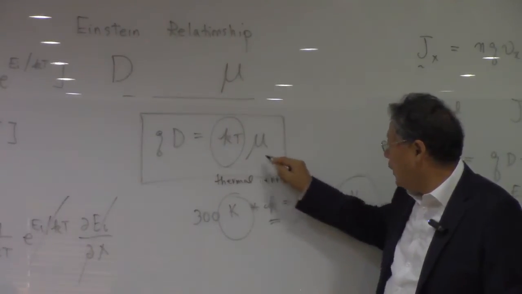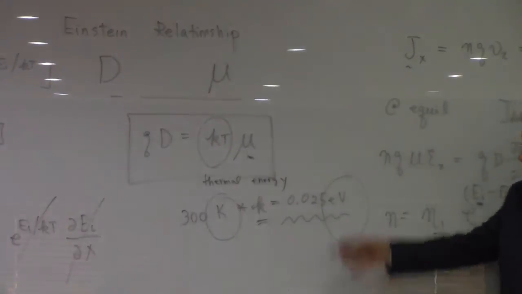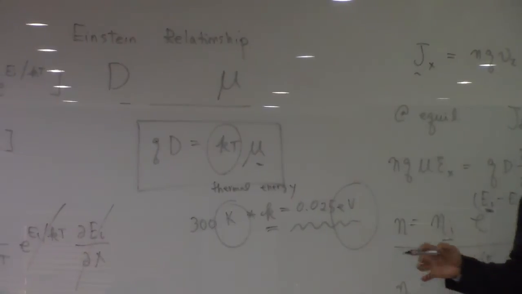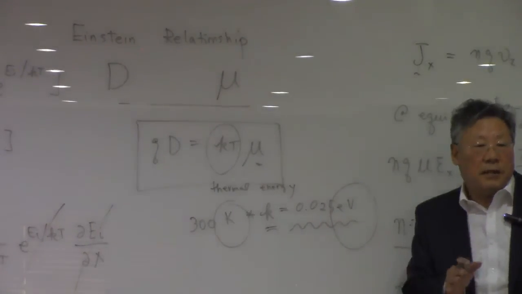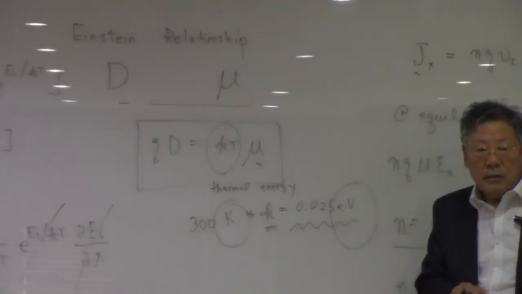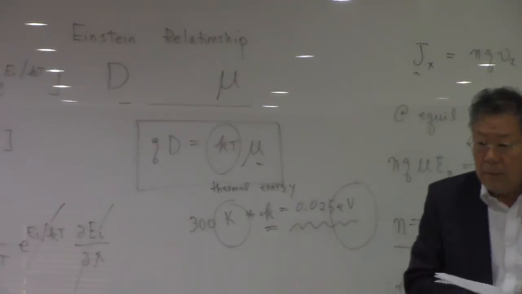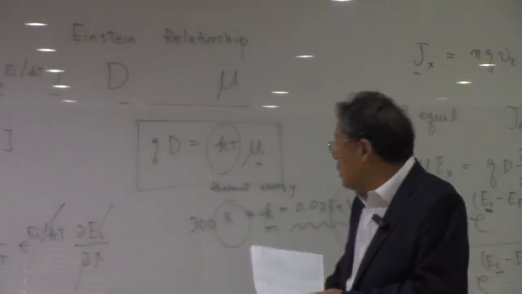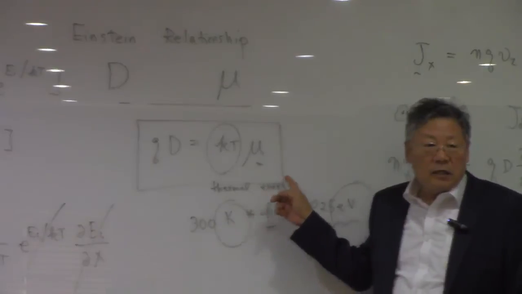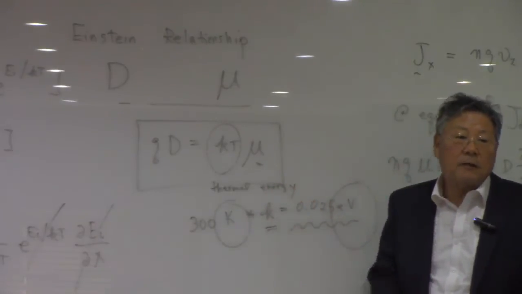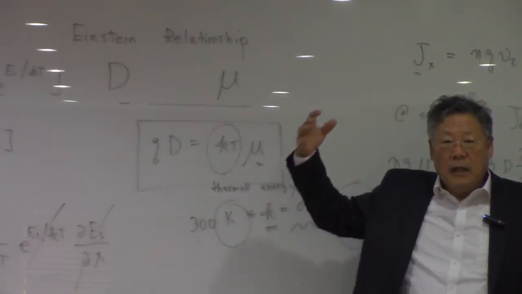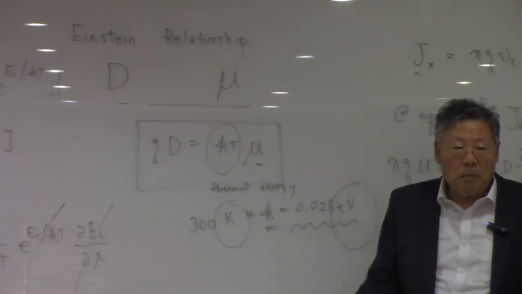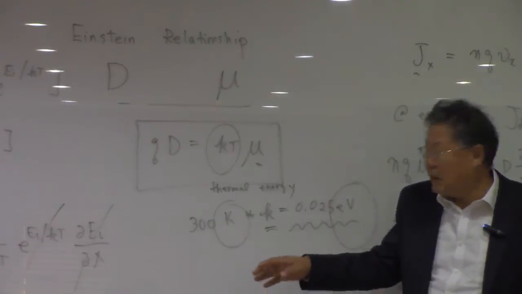And if you multiply the mobility of the material with the thermal energy, then you can convert that into the diffusion coefficient any time. So let's say, in metals, you don't have any electric field because there are so many free electrons. You cannot have an electric field internally inside the metals. Everywhere it's the same, right?